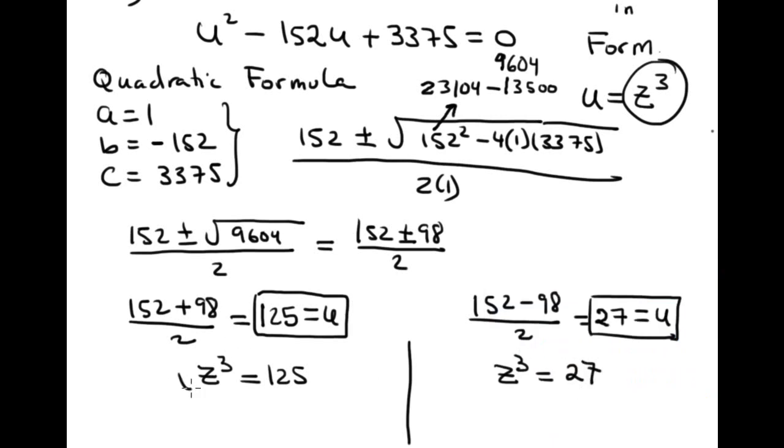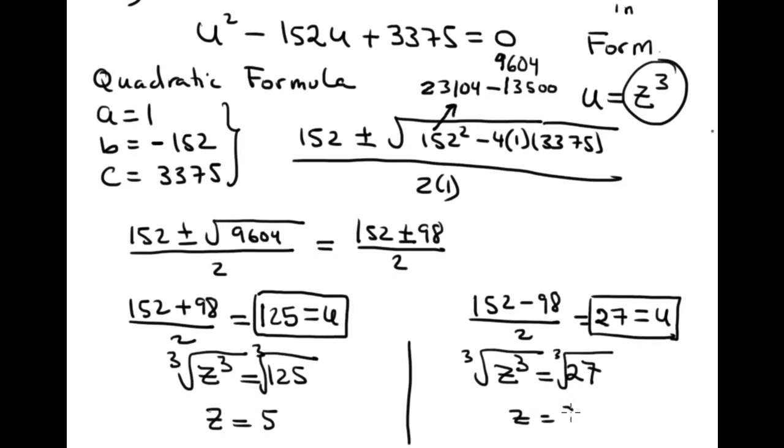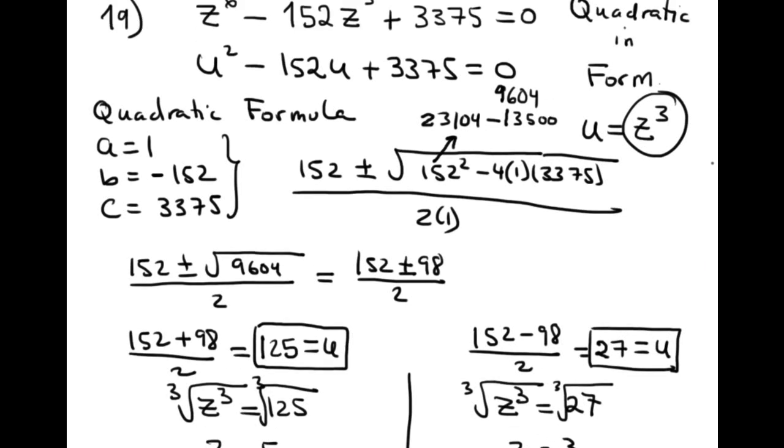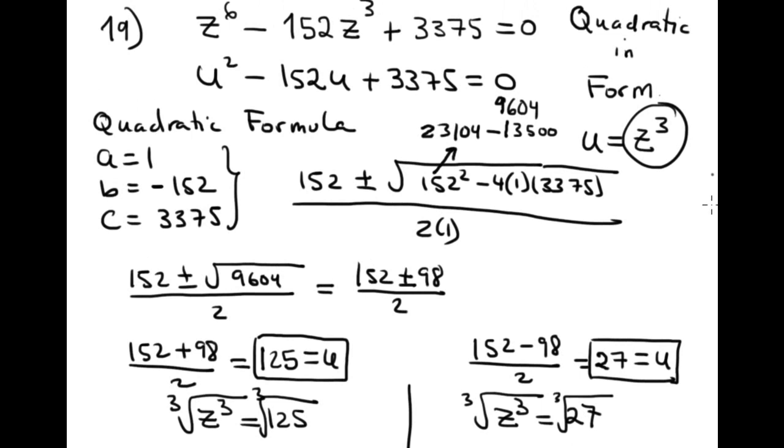Now take the cubic root of both sides. c is equal to the cubic root of 125, which is 5, and the cubic root of 27, so c is equal to 3. Therefore, the solution set for this example is 5, 3.